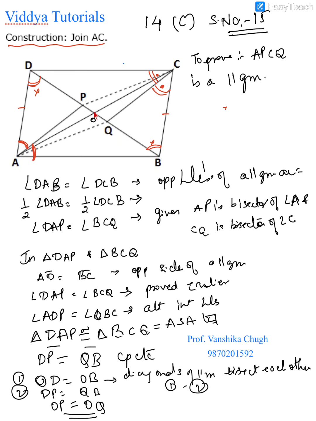Now I have proved OP is equal to OQ and OA is equal to OC. Hence APCQ is also a parallelogram as their diagonals are bisecting each other. Just finish it in the end: since you have proved that both the parts are equal and the diagonals are bisecting each other, APCQ is a parallelogram.